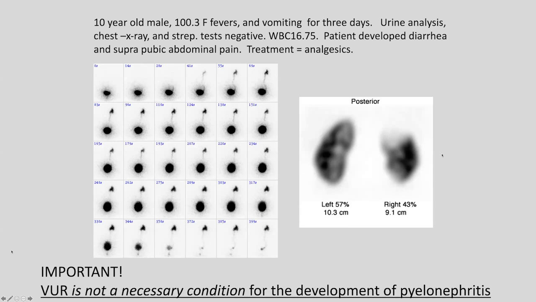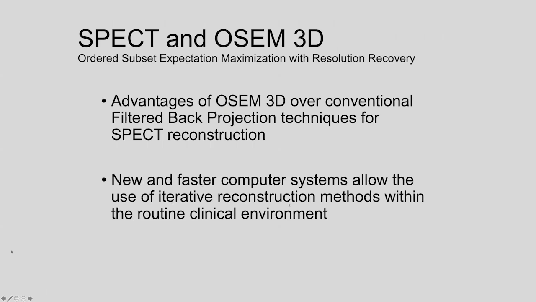That approach has been accepted quite well in Europe, and increasingly it is also being accepted in North America, the United States. It is called a top-down approach versus a bottom-up approach. So it's not necessary to have reflux.